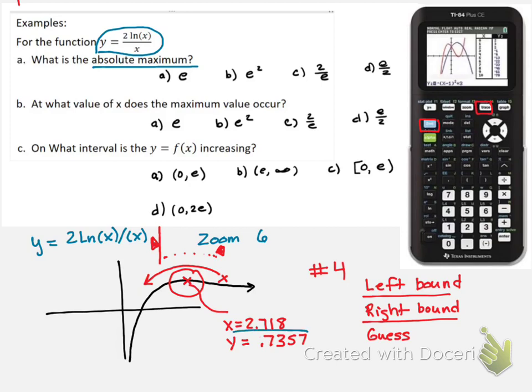Well, the y value is always the max and the min because it's the highest and the lowest. Notice for part B, it says at what value of x does the maximum occur? Well, the answer to that would be this x value of 2.718.